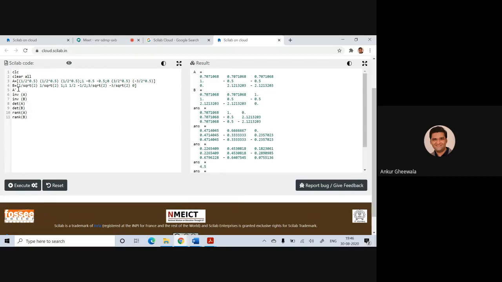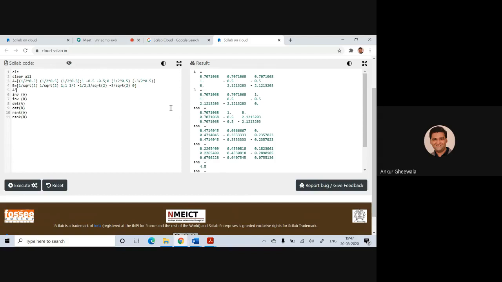A dash is nothing but the adjoint of A, so row becomes column and column becomes row. Just see here, 0.707, this row is converted into column, then 1, minus 0.5, minus 0.5 can be converted into column, and 2.12, minus 2.12, 0, 2.12 and minus 2.12. That means A dash is nothing but the adjoint of A.